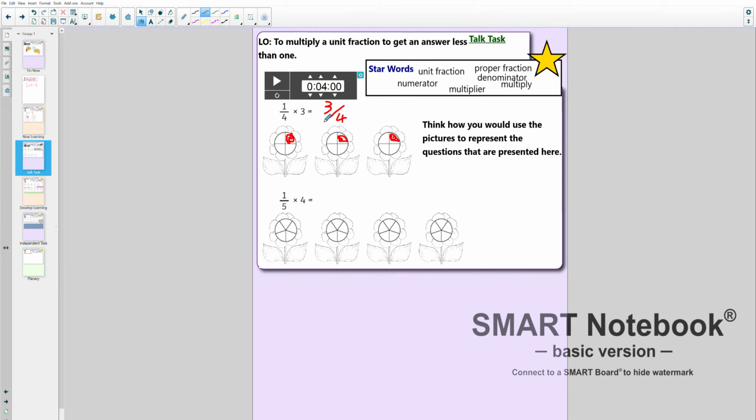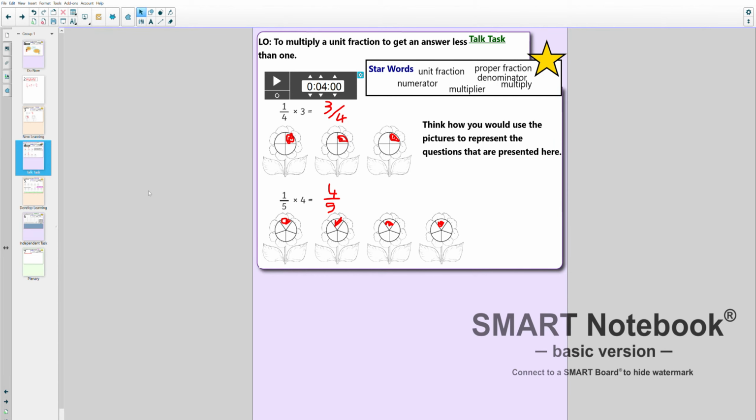The denominator is not changing here. And again, this is 1/5 times 4, so it's just going to be fifths. And it'll be done 1, 2, 3, 4 times to give us 4/5. Again, an answer less than 1.